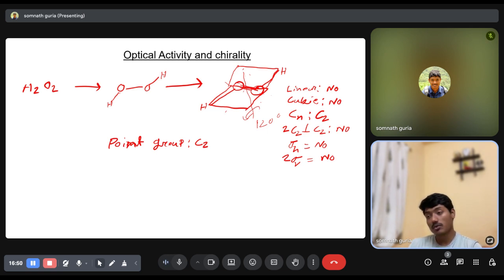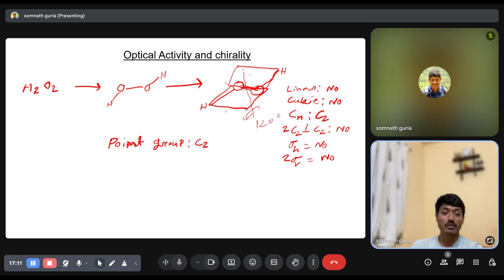Chirality is a property of molecules having at least one chiral center. It is associated with enantiomers, and when the enantiomers are equally present, that is called a racemic mixture.